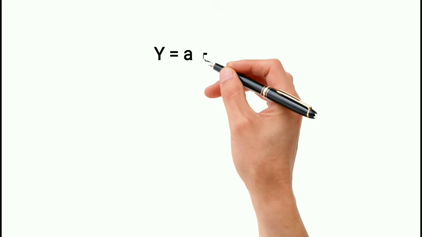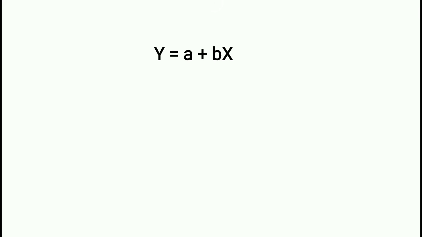Next, after computing the value of B, compute naman natin yung value ng A. Use the cost formula, y is equal to a plus bx. Again, yung y na tinutukoy dito, yan yung y bar. At yung x na tinutukoy dito, yan yung x bar.